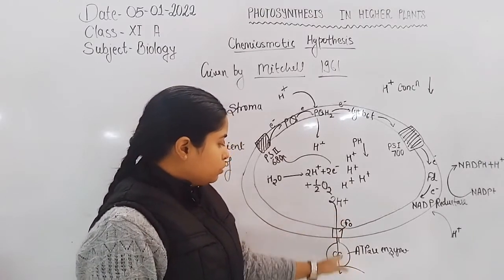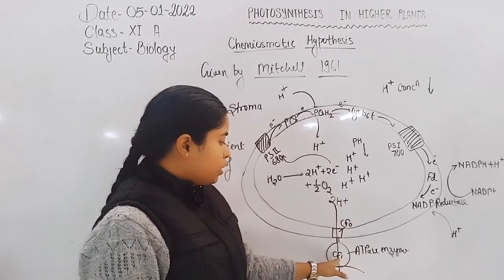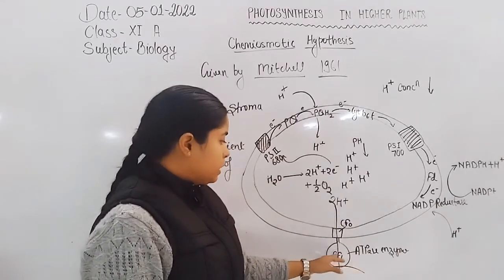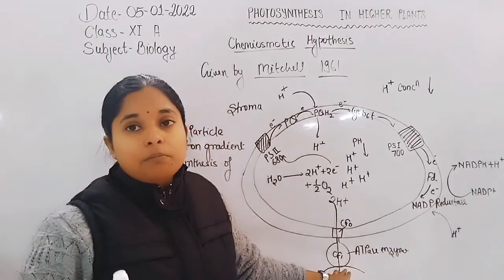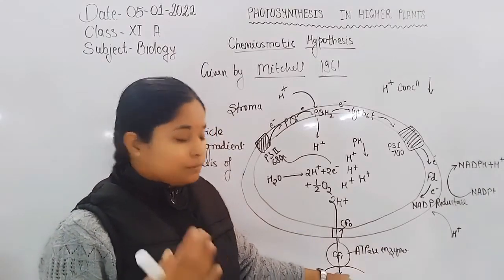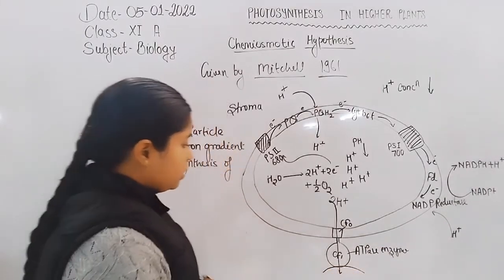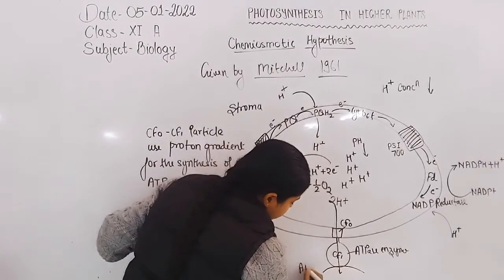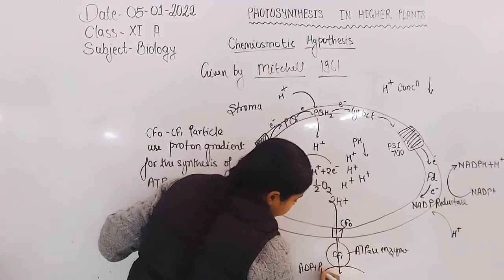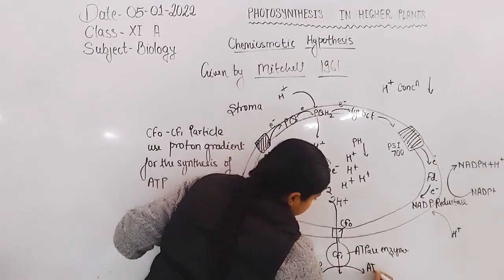Through the transfer of protons into the CF1 particle, the configuration of the ATPase enzyme changes, the protons make the ATPase enzyme active, and due to its activation, it converts ADP plus inorganic phosphate into an ATP molecule.